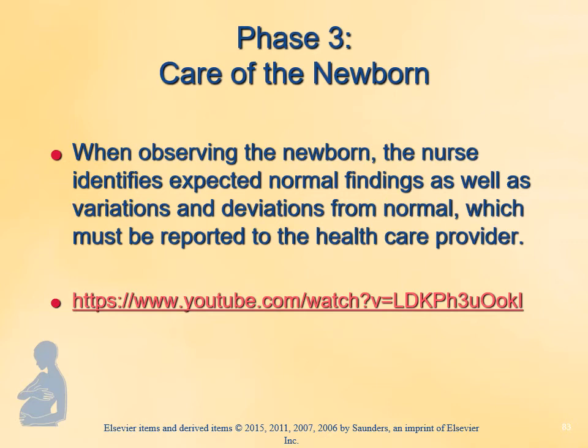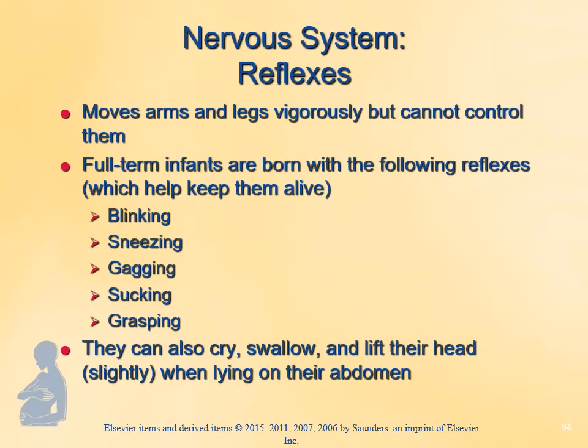So when we observe the newborn, we need to make sure that we identify any abnormal situations, any deviations from normal, and make sure that those are reported to the providers right away. We're going to talk a lot about each individual system of the baby and what's normal and what's not normal.